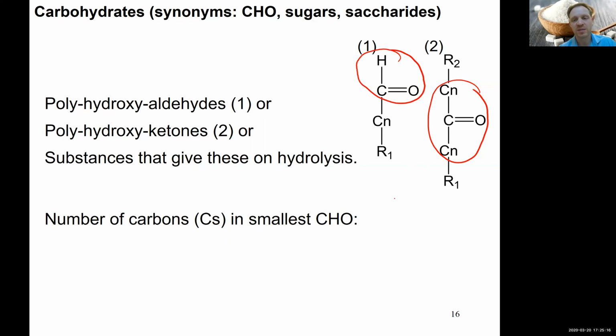As a result, the smallest carbohydrate would have 3 carbons: 1 to carry the aldehyde or the ketone group, and then at least 2 that carry the alcohols for polyhydroxy. If you have that present, by definition, this would be a carbohydrate.